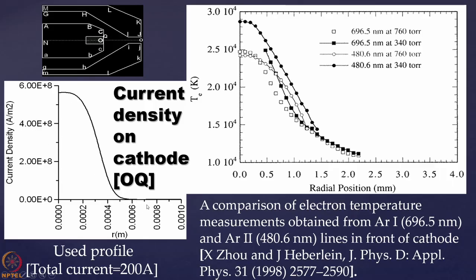So this is the current density profile, which has been in conformity with the experimental data, and we have only taken the shape. We have chosen the parameters of this profile matching the total current. So that way you decide what will be the current density over the cathode surface.